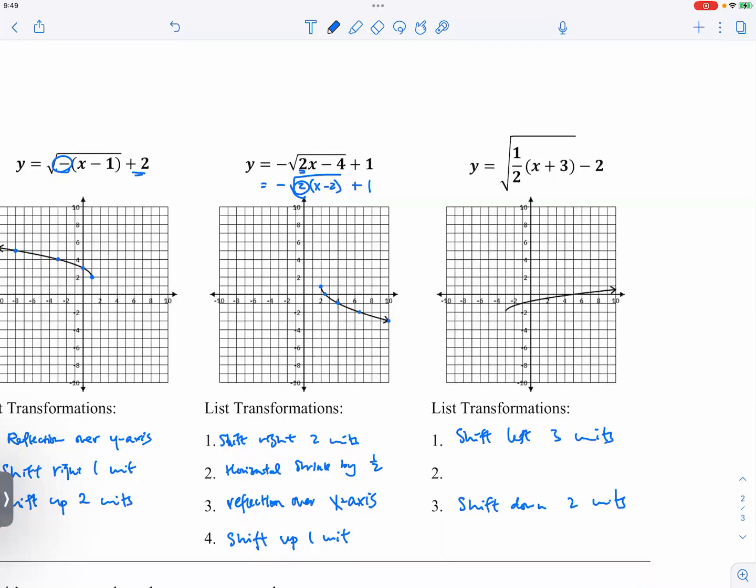Okay. And this 1/2 means it is going to be a horizontal stretch by 1 over 1/2, which is 2. Okay, 1 over 1/2 is 2, or just the reciprocal of 1/2, it's 2.